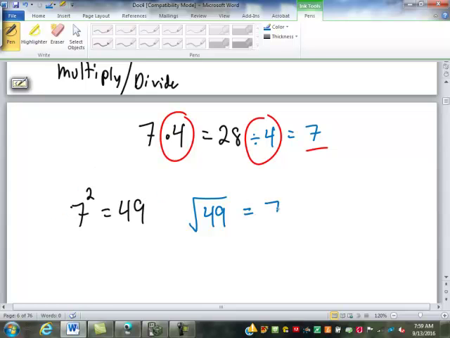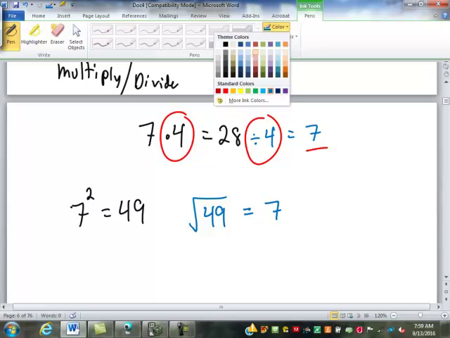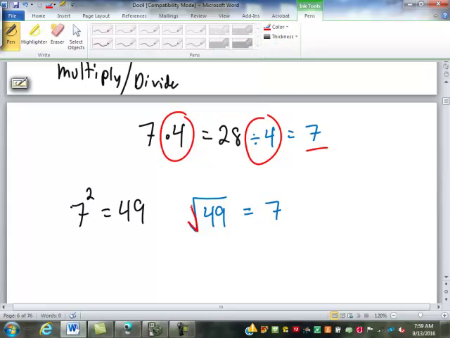The square root of 49 is 7. When you see that symbol, its technical name is the radical symbol, but we know it mostly as the square root symbol. All it's asking is, what number squared equals what's inside of it? In this case, 49. And we know 7.